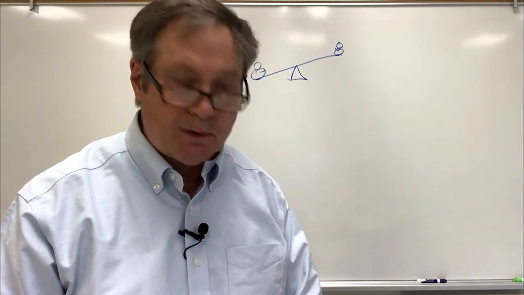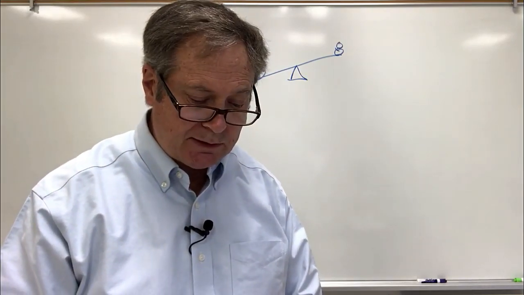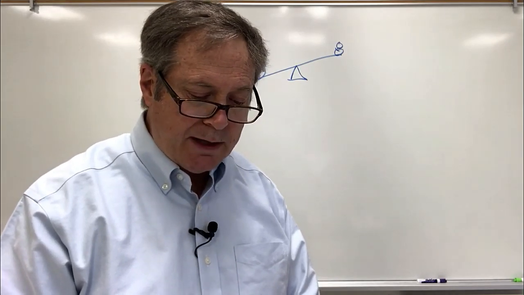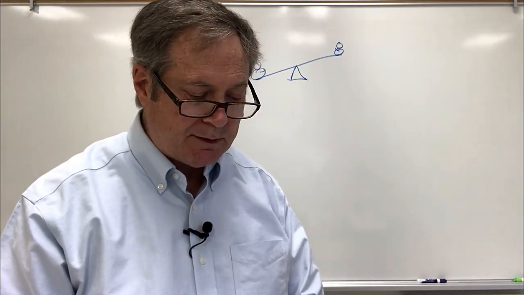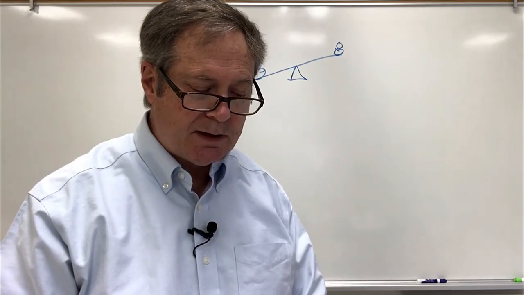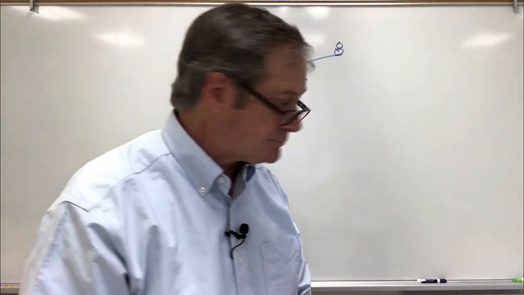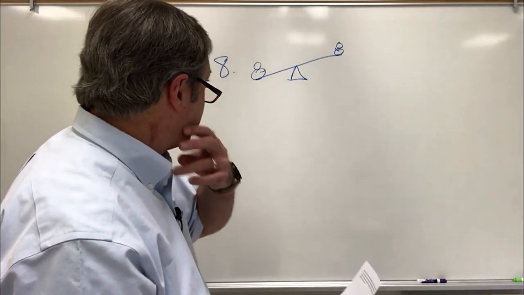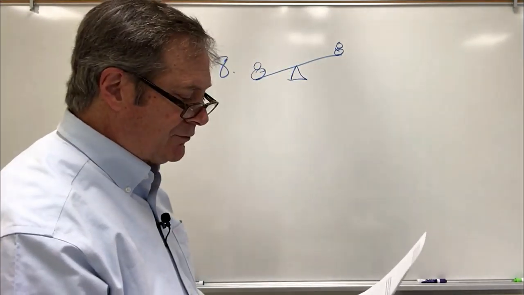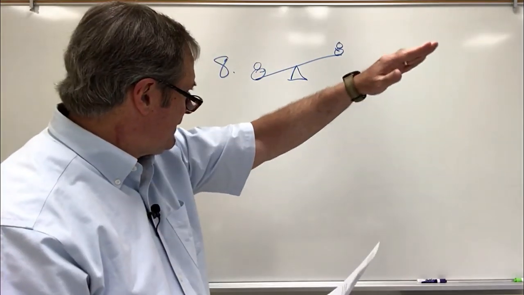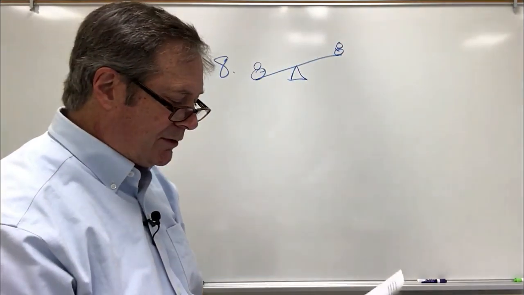So Roger, who weighs 120 pounds, is sitting 6 feet away from the fulcrum. Eva weighs 108 pounds. How far from the fulcrum must she sit to balance the seesaw? And as you can see right here, it's not balanced. She weighs a lot less. She's on the right. So how much further back does she have to sit? We'll have to add to the seesaw to balance.